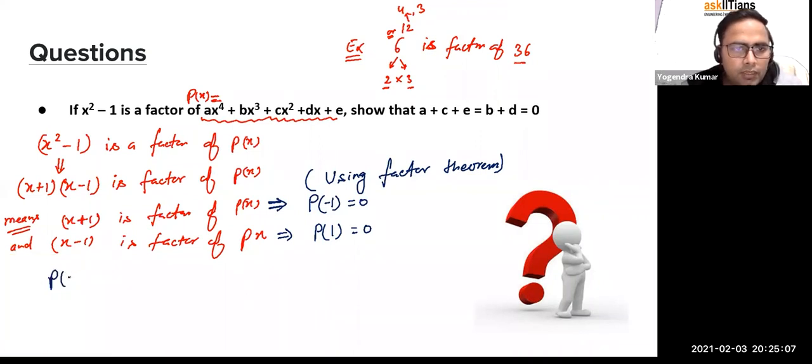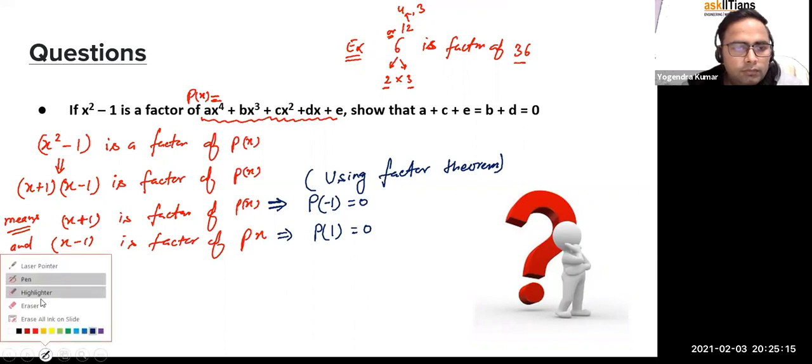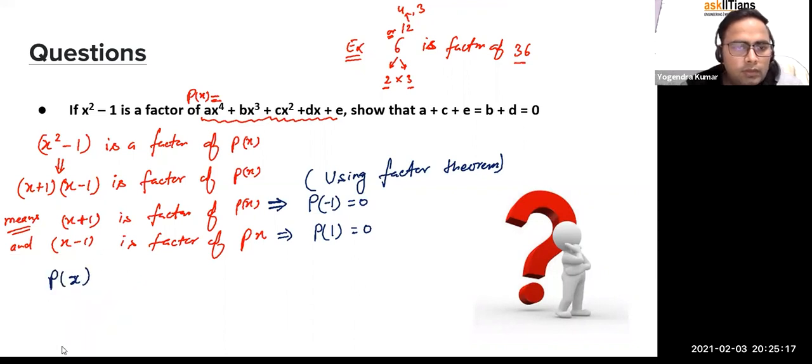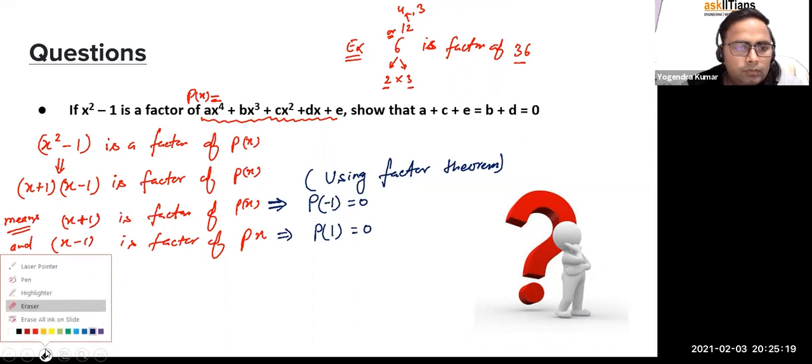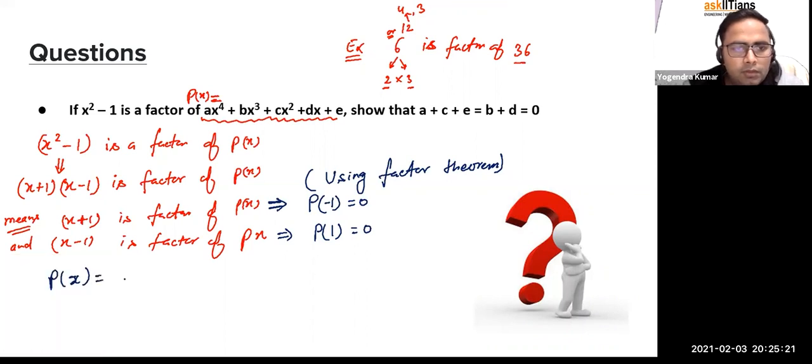P of x is going to be ax raised to 4 plus bx cube plus cx square plus dx plus e. This is what P of x is, right?